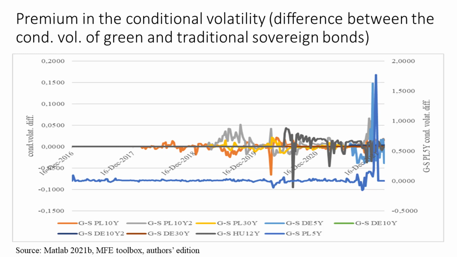We needed an additional axis for this asset, because otherwise it was so volatile that we were not able to see anything at all. So we can see that volatility, except in this case, was tendentiously higher in the case of the green asset.